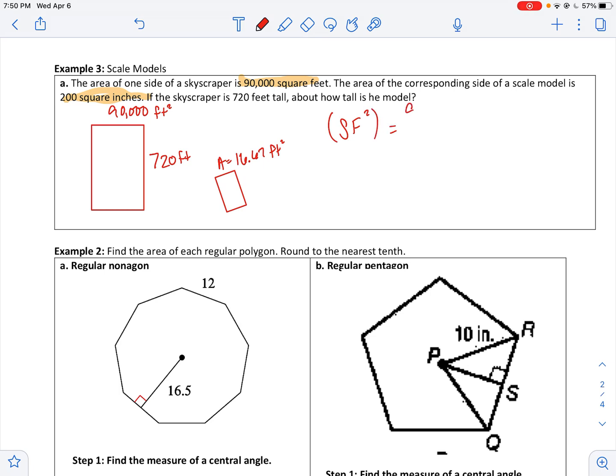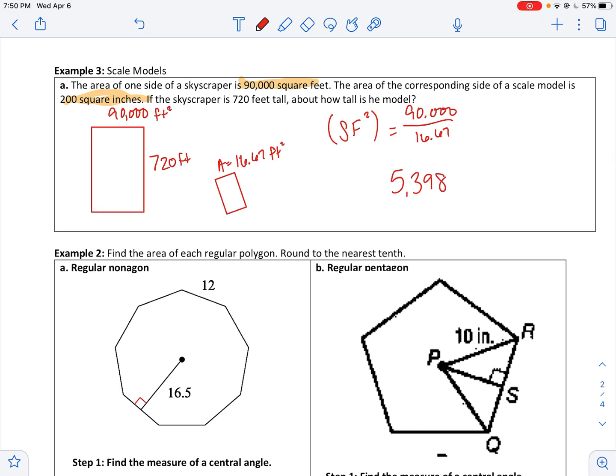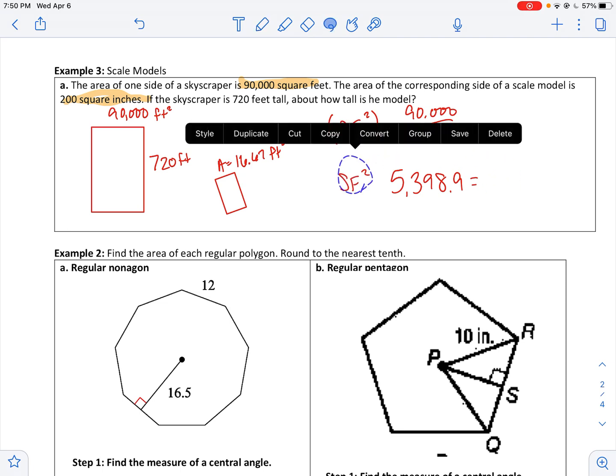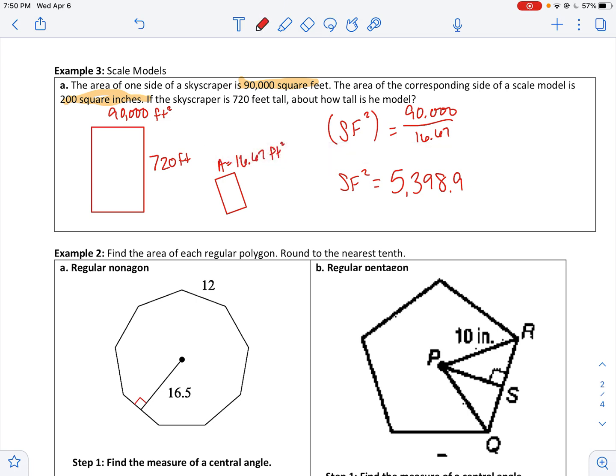So to find my scale factor squared, that would be equal to 90,000 over 16.67. 90,000 divided by 16.67 gets you 5,398.9. But that's your scale factor squared. And I don't want scale factor squared, I want your scale factor. So I need to find the square root of that. And it turns out your scale factor is about 73.5.